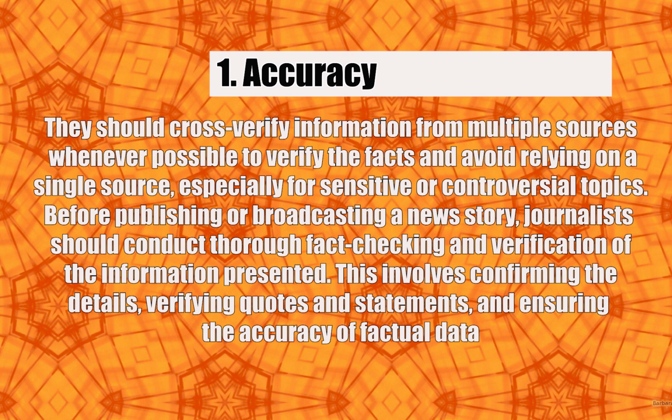Before publishing or broadcasting a news story, journalists should conduct thorough fact-checking and verification of the information presented. This involves confirming the details, verifying quotes and statements, and ensuring the accuracy of factual data.